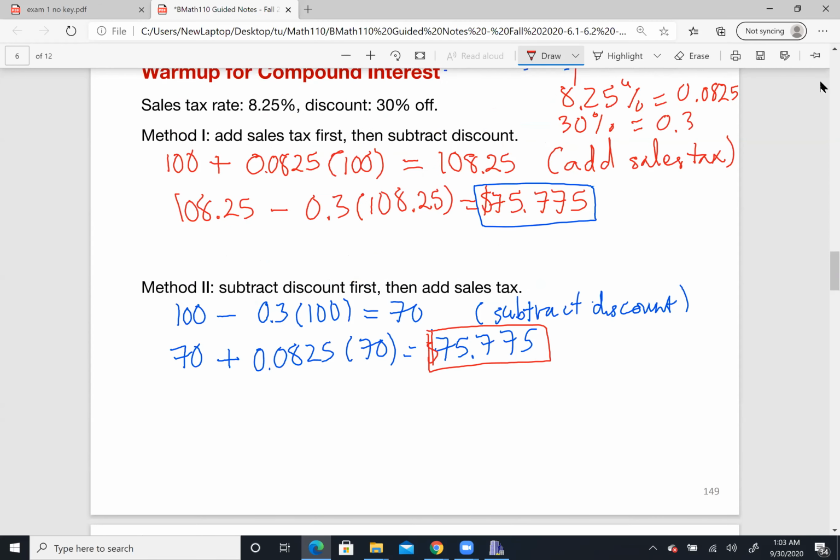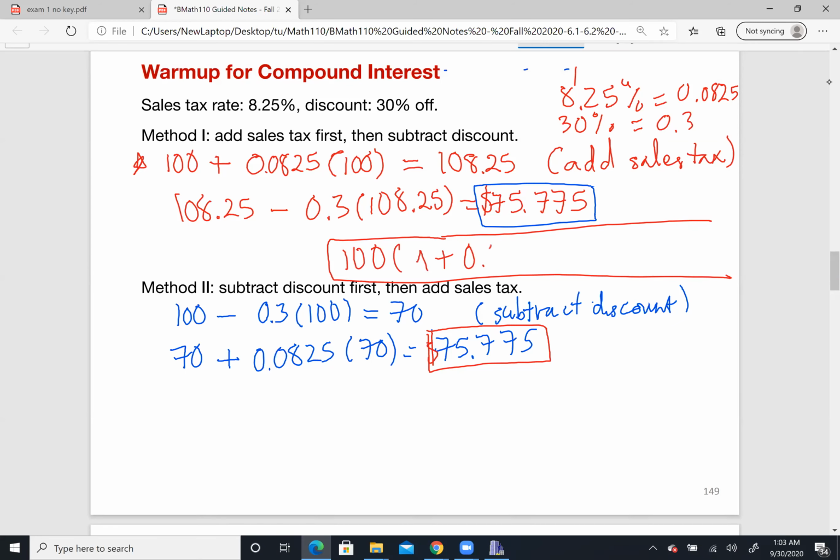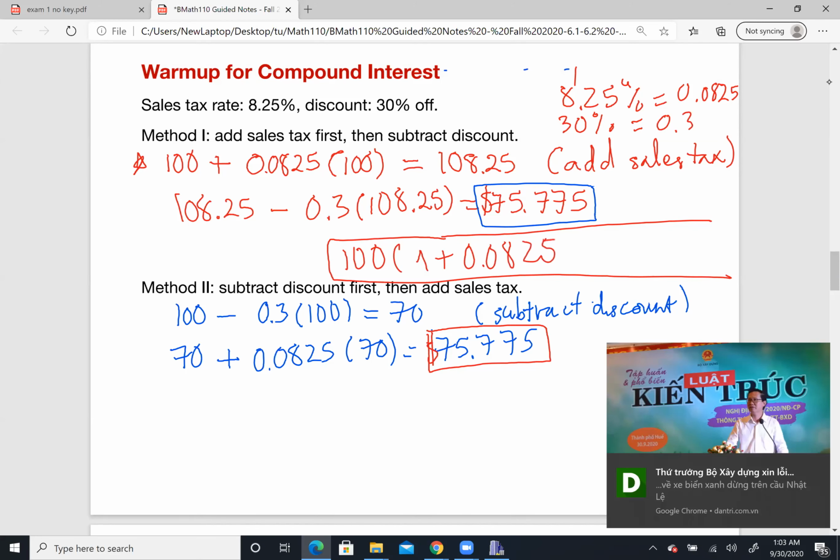You see in the first step, if you have 100 plus 0.0825 times 100, you factor 100 out, you have 1 plus 0.0825.